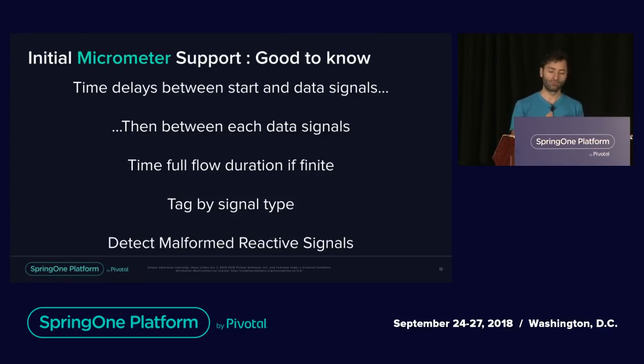The thing is, with the metric operator, we have an opinion on things we want to monitor. And obviously, we will take feedback if you have some. Right now, we're timing the delays between each onNext element. So every time there is data, how much time it takes to arrive, and how much time an entire sequence takes as well.